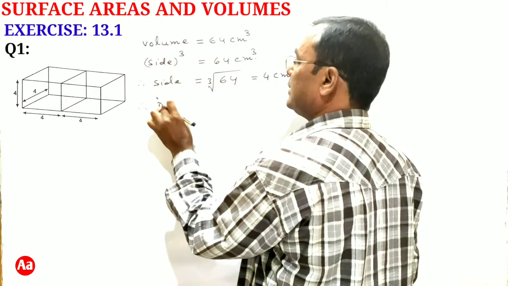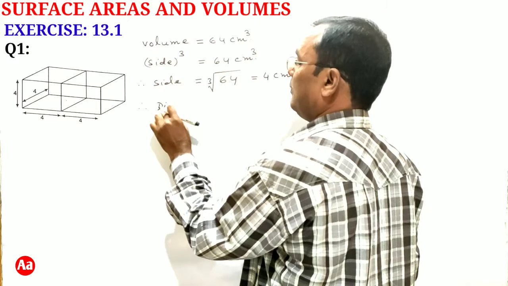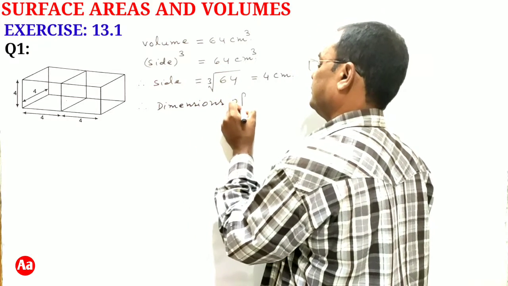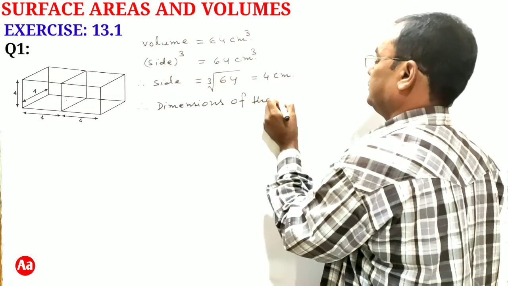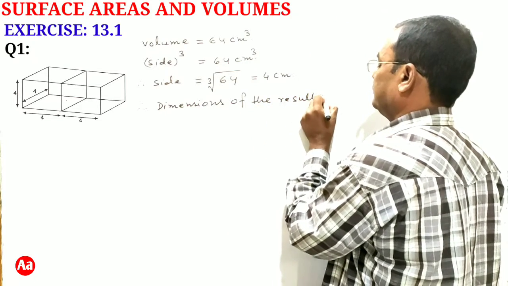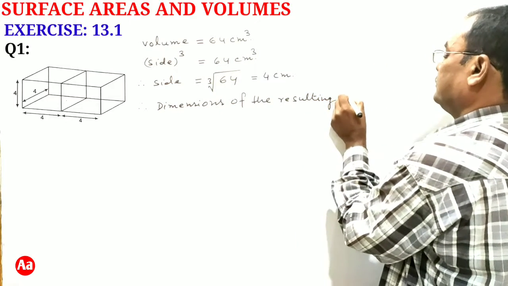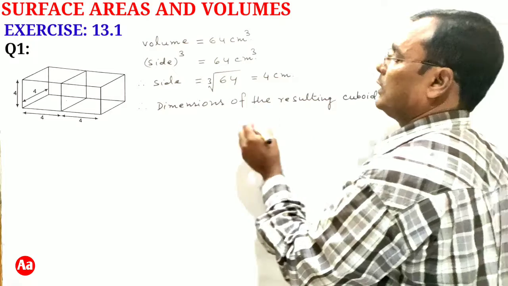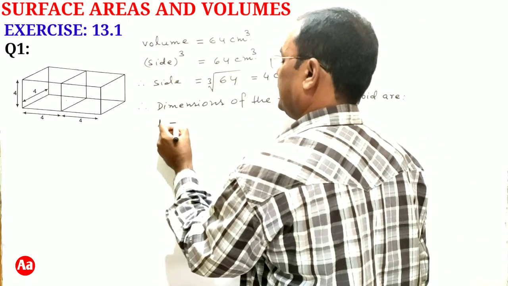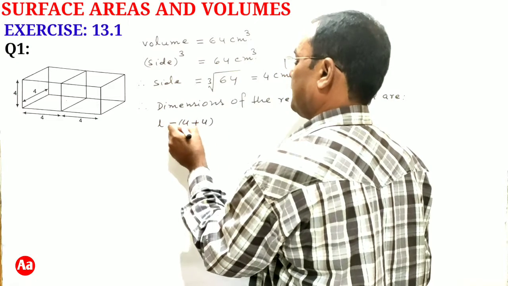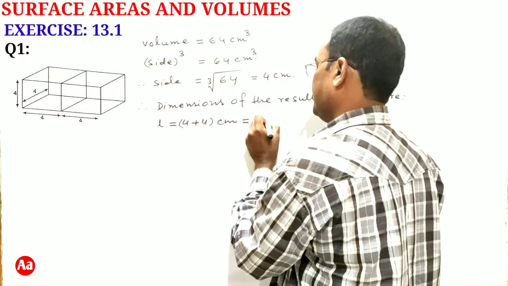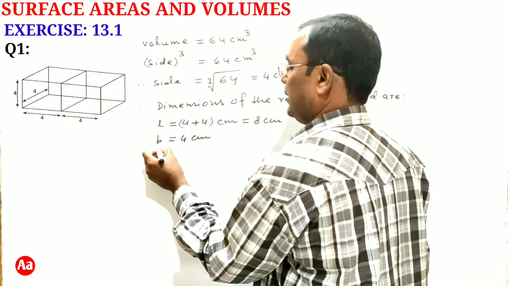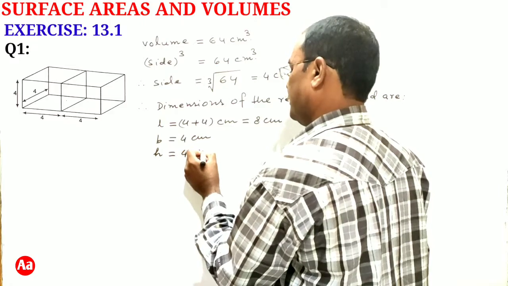Therefore, dimensions of the resulting cuboid are: length of the resulting cuboid 4 plus 4, 8 centimeter, breadth of the cuboid will be 4 centimeter and height of the cuboid also will be 4 centimeter.